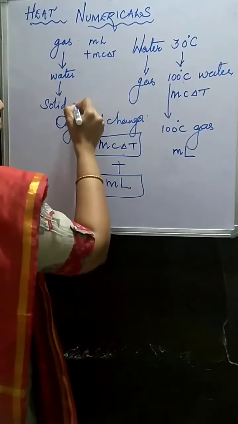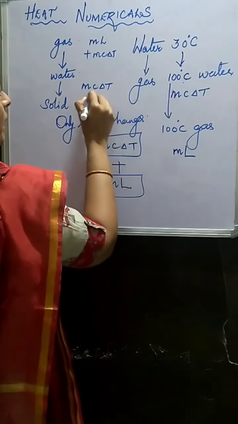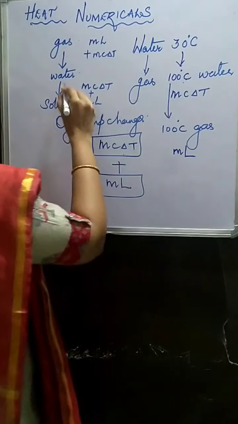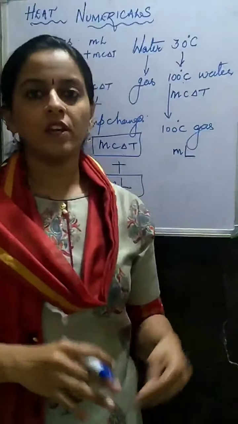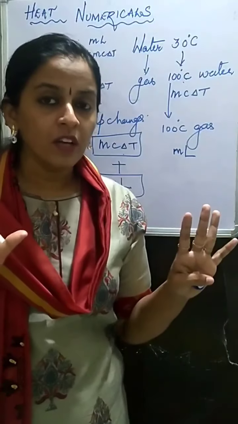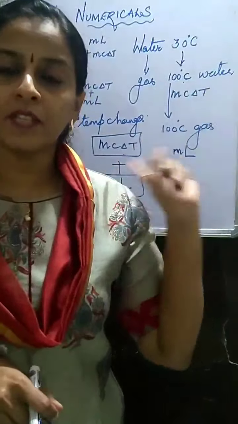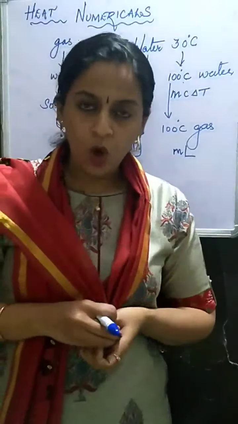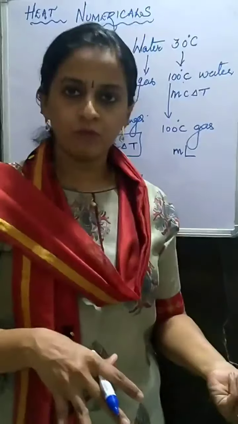Same way from water to solid, again heat is given out, mc delta T plus mL. Change in state, since water is getting converted into solid. Understood? So remember these two things. And remember the principle of heat exchange: heat lost by the hot object is equal to heat gained by the cold object.